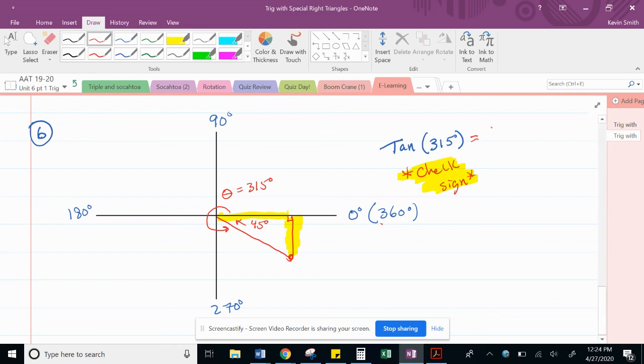So that will be a negative. Let me label the three sides here. Radius 1, root 2 over 2, root 2 over 2. So this will be y over x, which is root 2 over 2 divided by root 2 over 2. Same thing divided by same thing. So we should get negative 1.